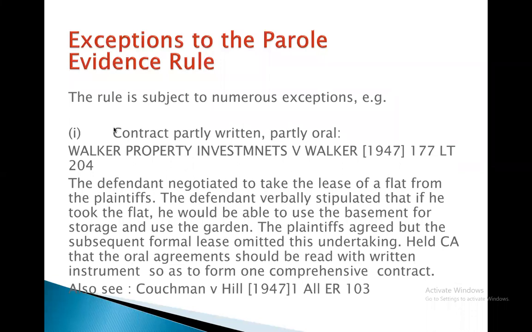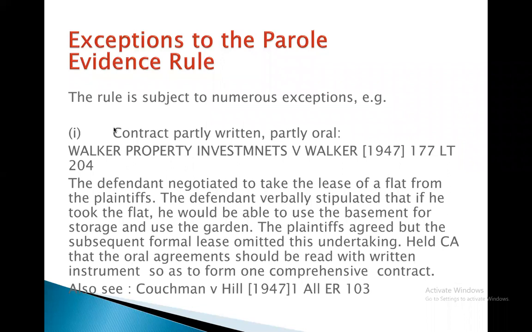An exception is permissible. And it is very insightful to look at the case of Walker Property Investment against Walker. In Walker Property Investment against Walker, the defendant negotiated to take the lease of a flat from the plaintiffs. And the defendant, by word of mouth, stipulated that if he took the flat, he would be able to use the basement for storage and use the garden.